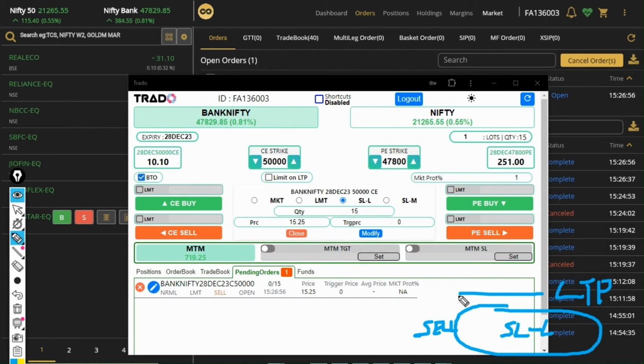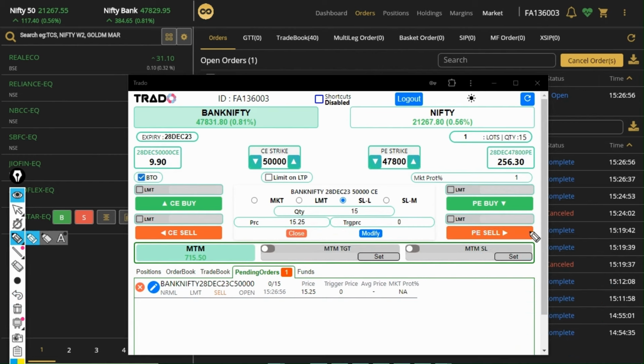And if you want to place any buy order above LTP, in that case you have to place an SL limit order. For the buy case above LTP, SL limit order, and for the sell case below LTP, SL limit order. This is the general definition of orders. You can learn it from anywhere.